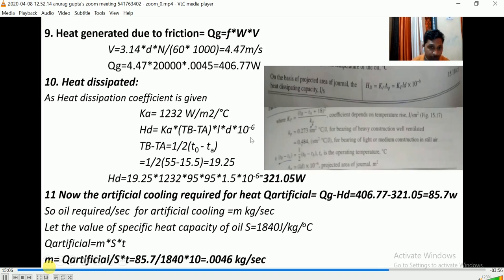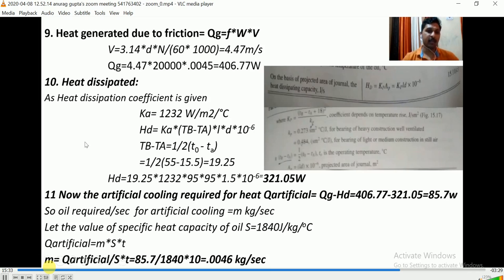Okay, so we are able to find out this Tb minus Ta as we have calculated from the design data book. Tb minus Ta is nothing but half of the operating temperature minus ambient temperature, and the ambient temperature and the operating temperature are given in the numerical, that is 55 degrees the operating temperature and 15.5 the ambient temperature. So we can easily find out the Tb minus Ta, that is equal to 19.25.